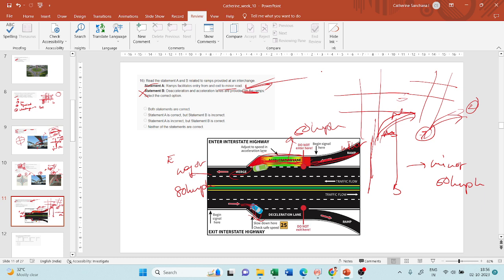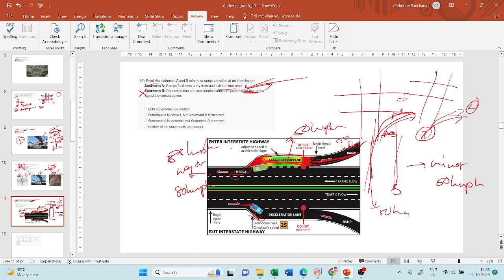The second statement is, deceleration and acceleration lanes are provided on the ramps. So last week itself we saw what an acceleration and deceleration lane is. If you have a ramp connecting a minor road at a speed of 50 kmph and a major road at a speed of 80 kmph, vehicles from the minor road at 50 kmph cannot simply enter the major road with vehicles traveling at 80 kmph, right?